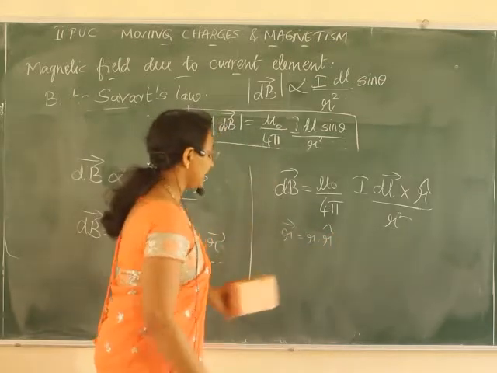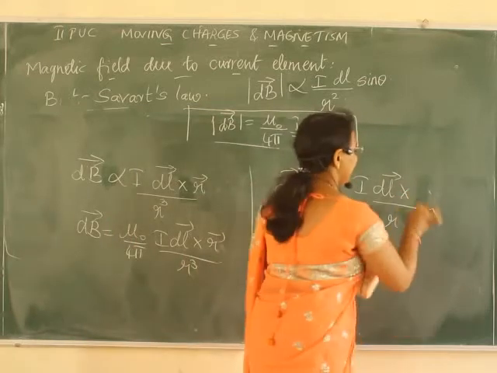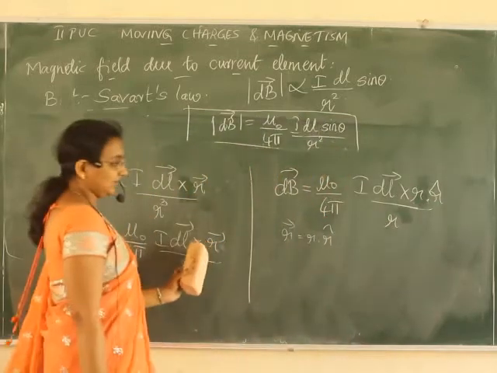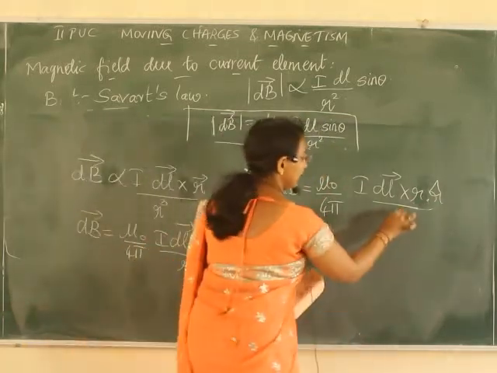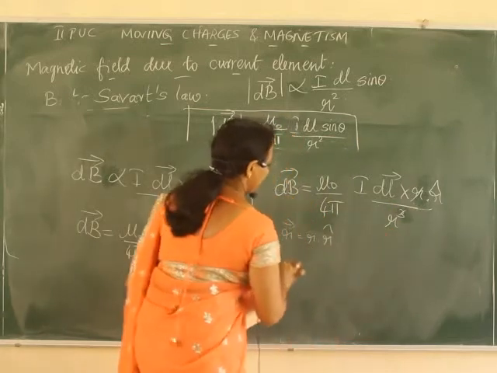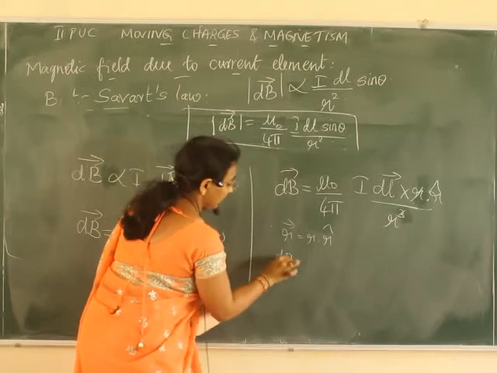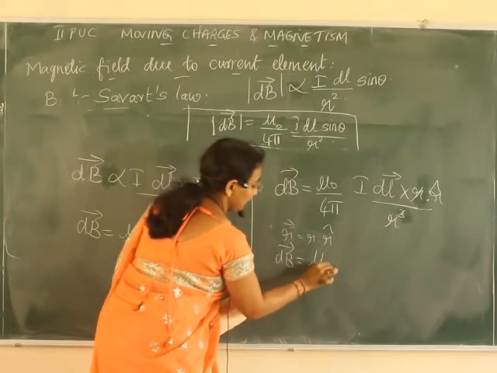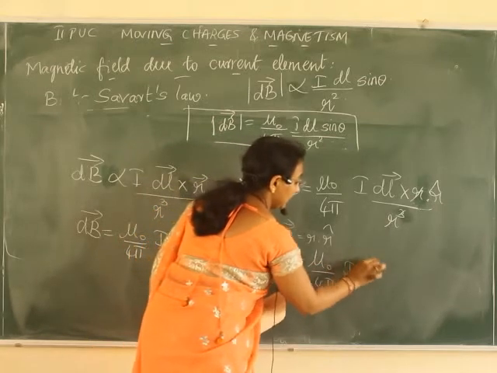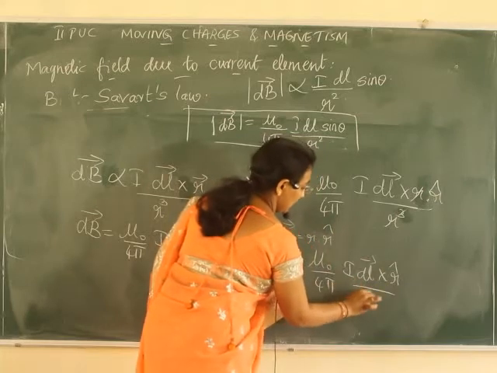So if I write r into r cap in the place of r vector, then here it was r cube, so this r and this r will get cancelled. So we get dB vector is equal to mu naught by 4 pi I dl cross r cap divided by r square.